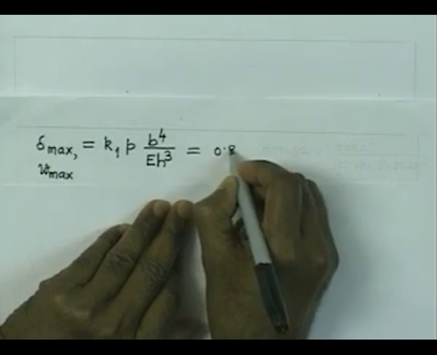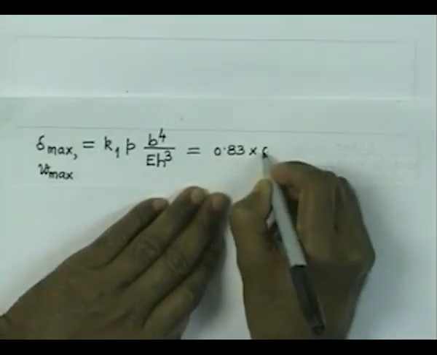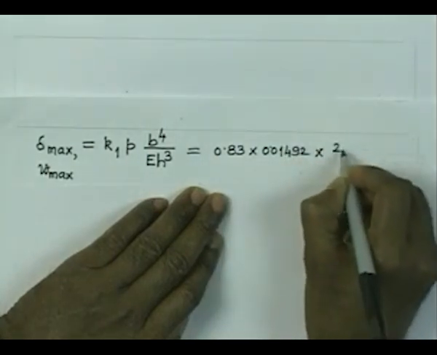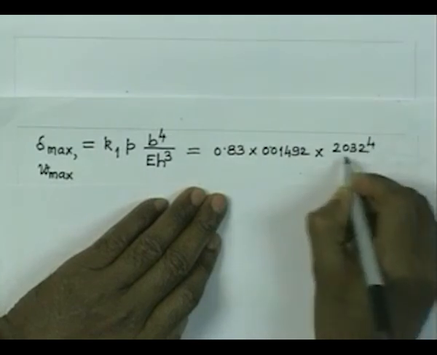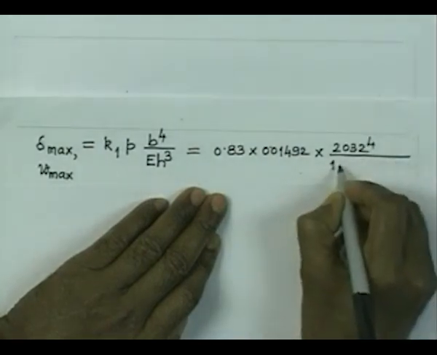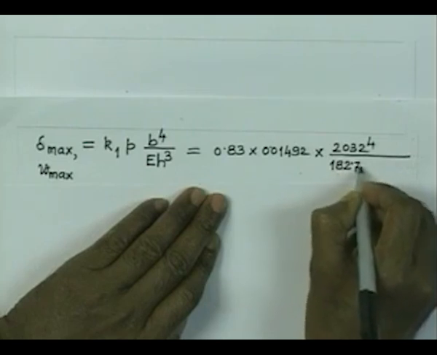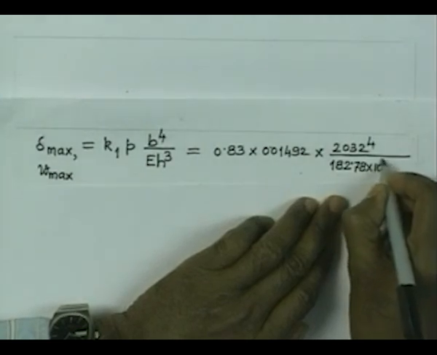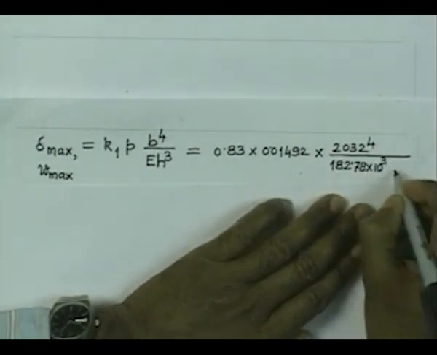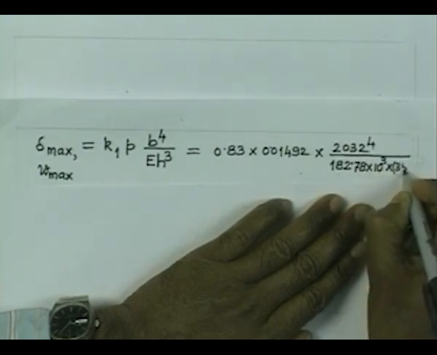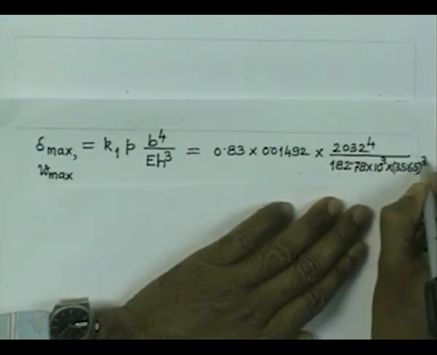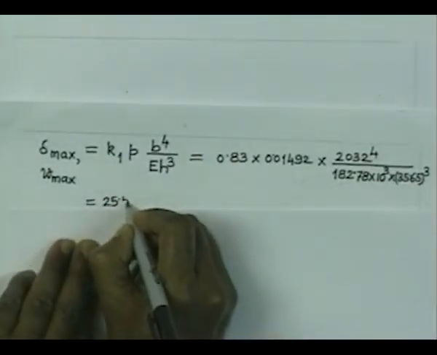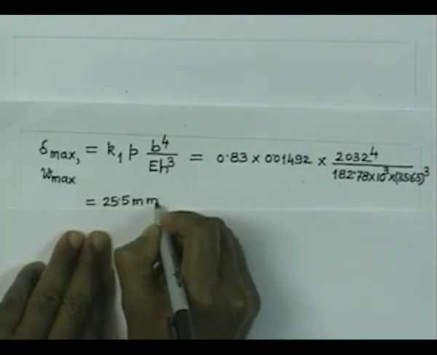So, if I substitute the value, that is the value of B, and this is the value of E, 182.7 into 10 to the power 3, and this is 35.65 cube, and on simplification we get this thing as 25.5 millimeter.